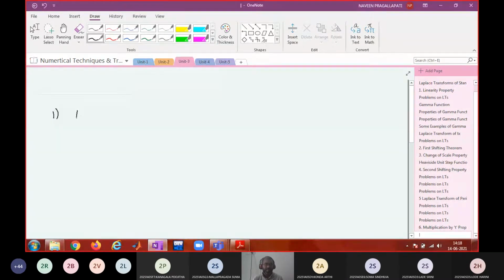First one, Laplace of t sin at. According to that rule, this is the multiplication by t property, minus d by ds. What we do, I will make a partition.